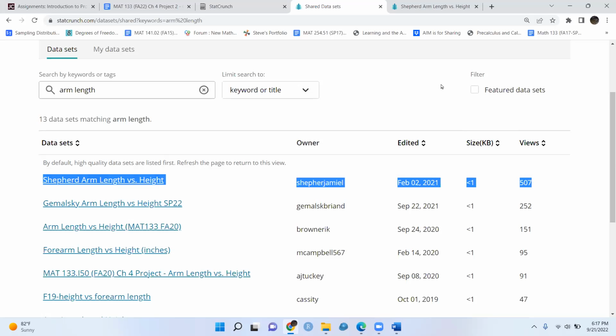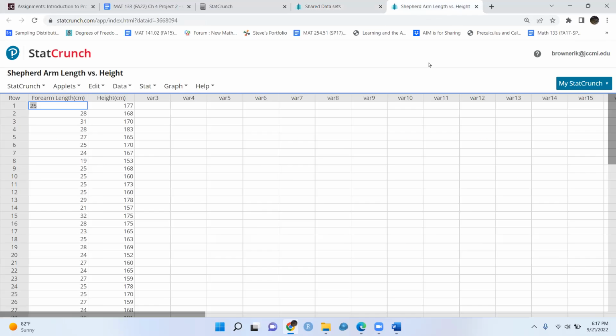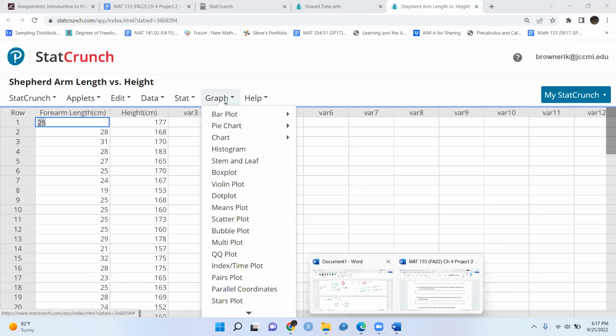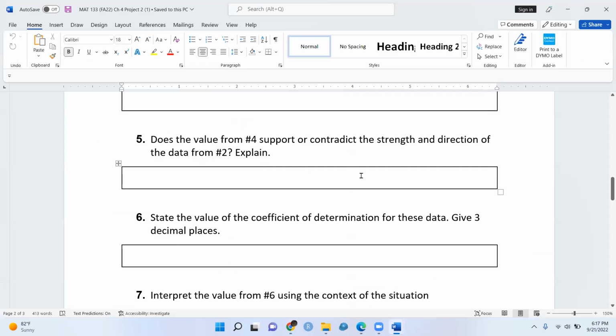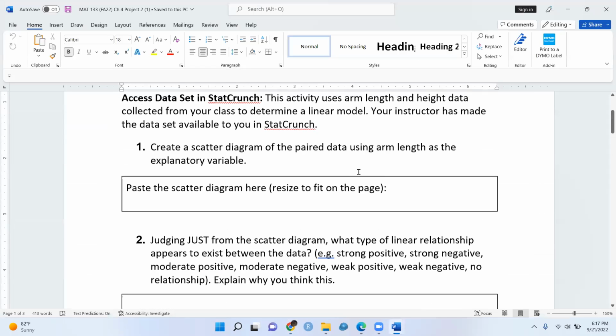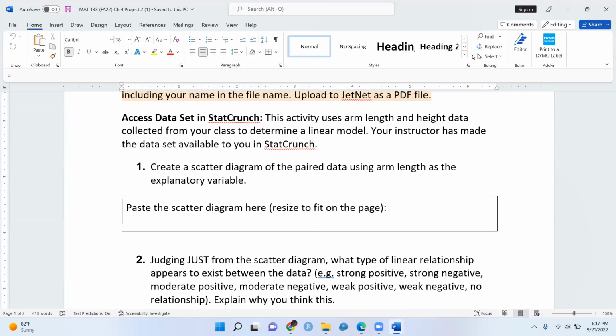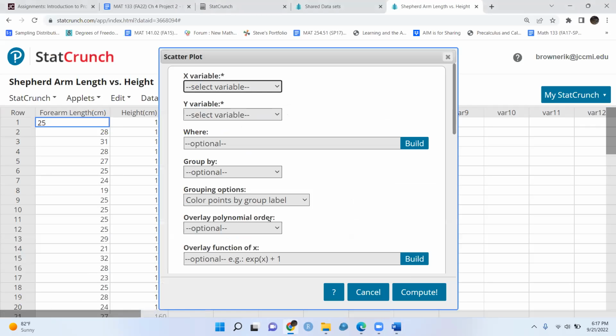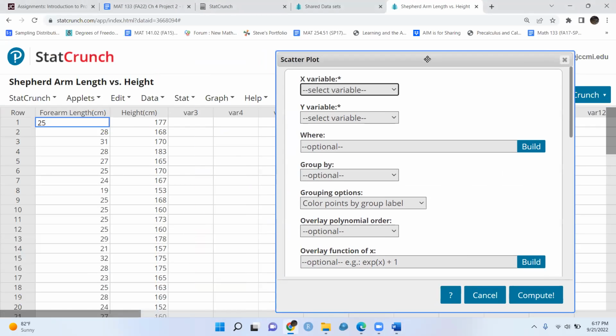Okay. I'm going to start showing some things. The first thing you were asked to do is make a scatter plot. Well, actually, it says scatter diagram, right? But remember, that's the same thing as a scatter plot. And to do that, it's a graph. You go to graph and select, surprise, scatter plot. Now, remember that our X variable is always the first one in our data set, although we could have typed it wrong.